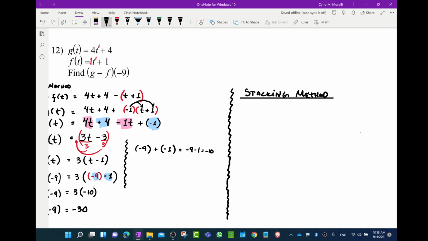So what we would write is, we're subtracting f from g, so we put g on top. 4t plus 4, and then underneath it we would write 1t plus 1, and we put that in parentheses because we're subtracting, and we put a big minus sign out here.